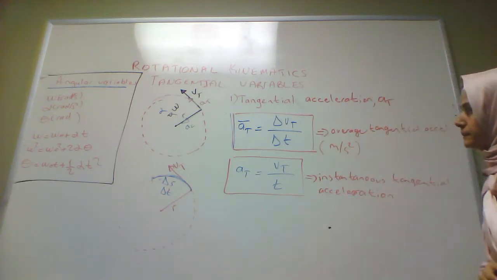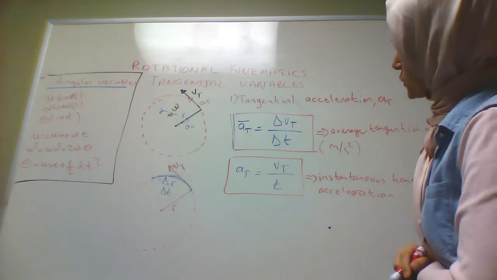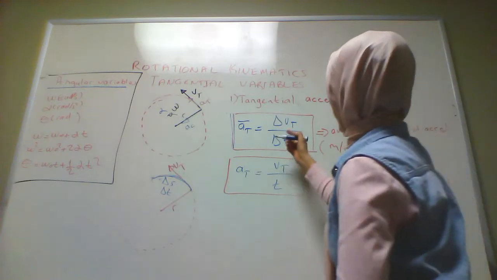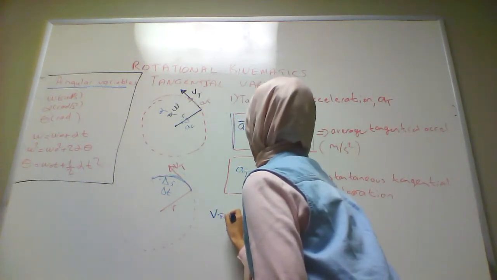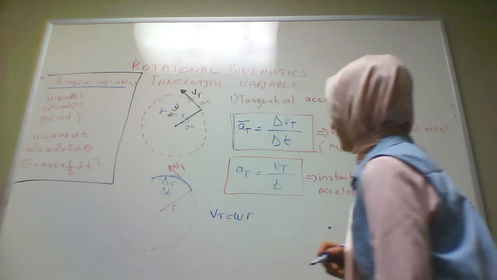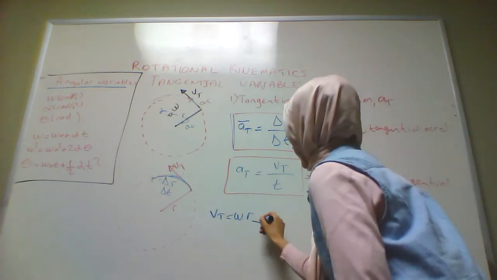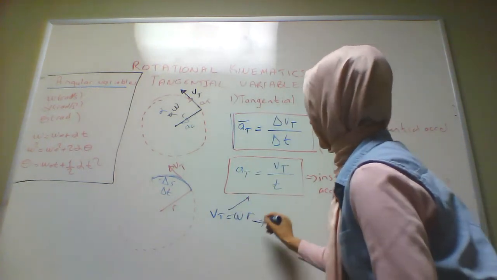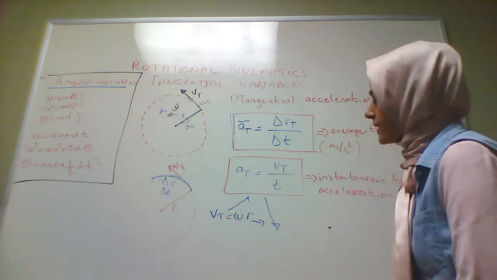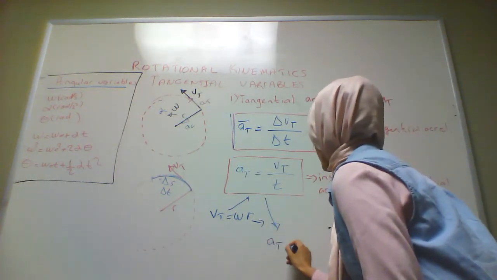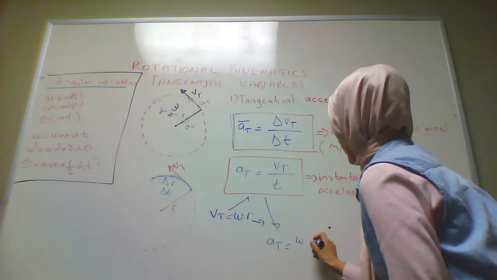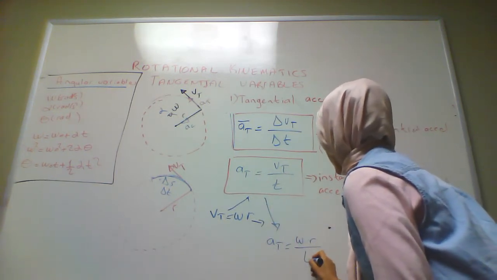Same in here. Now for the tangential velocity, we know V tangential is equal to omega times r. And we can replace this in here and rederive an equation for AT, replacing VT by omega r, so omega times r over t.